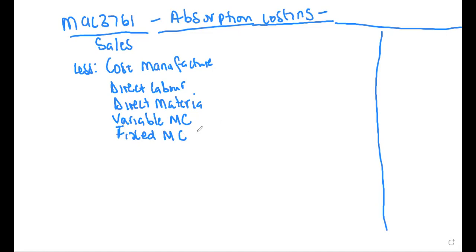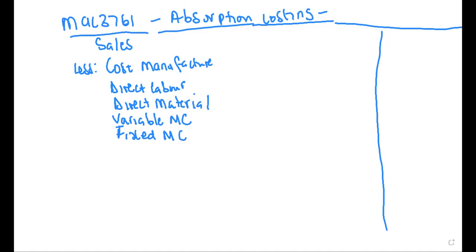I think let's just end here. So these are some of the things that you should know. I'm doing the absorption costing, which means I need direct labor, direct material, variable manufacturing cost, fixed manufacturing cost. Then you go to your question to pick the figures. So if you know your structure, it's going to be easy.